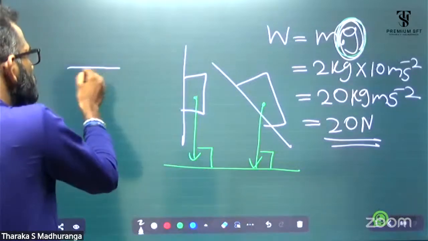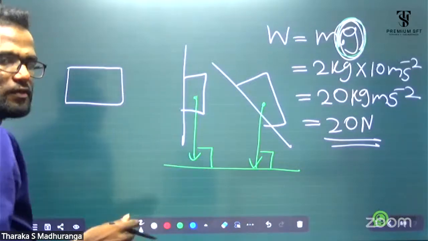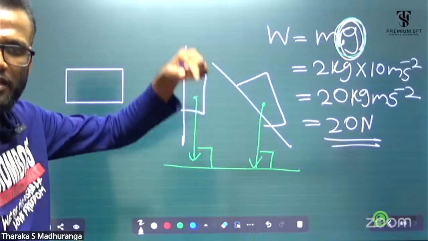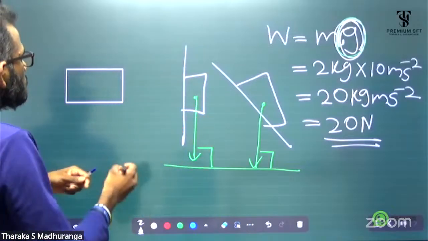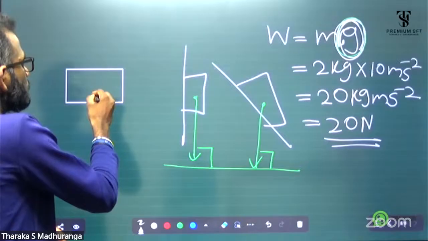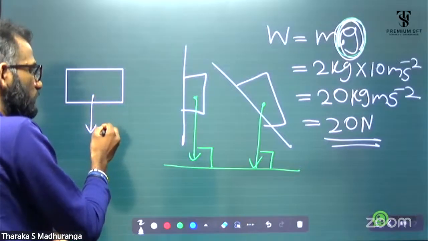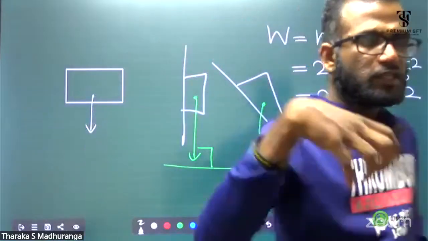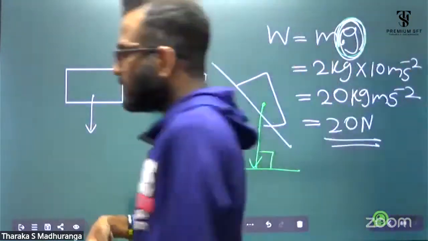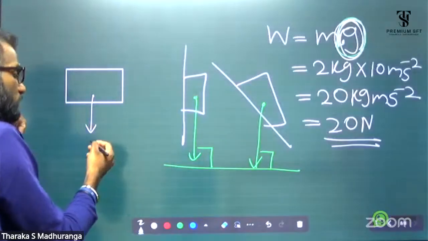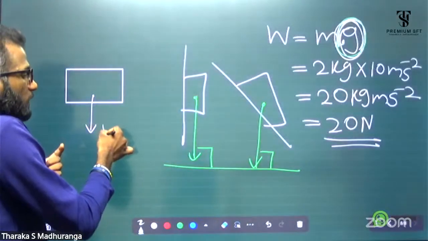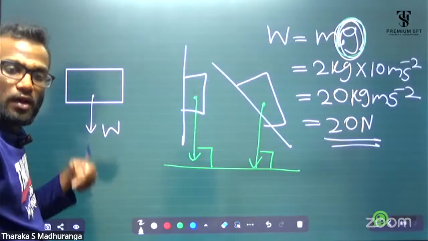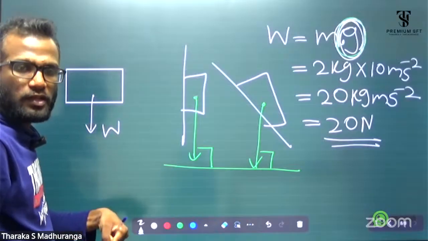Now, if I release this type of object freely in the atmosphere, what happens? Due to gravity, the force of gravitational attraction acts. This is the weight, acting in the downward direction.